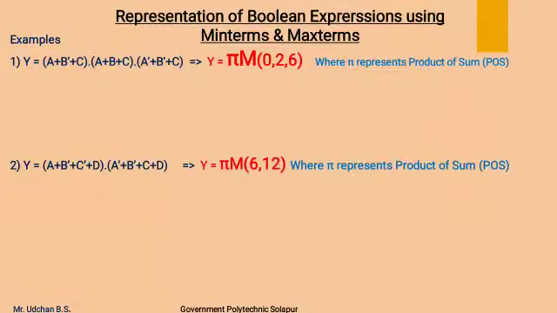Now we are going to learn how to represent the given POS expression in the form of max terms. So here are the two examples. Again we will see the first one. In case of max terms, or in case of sum terms, we are going to represent a normal variable by 0 and a complemented variable by 1.